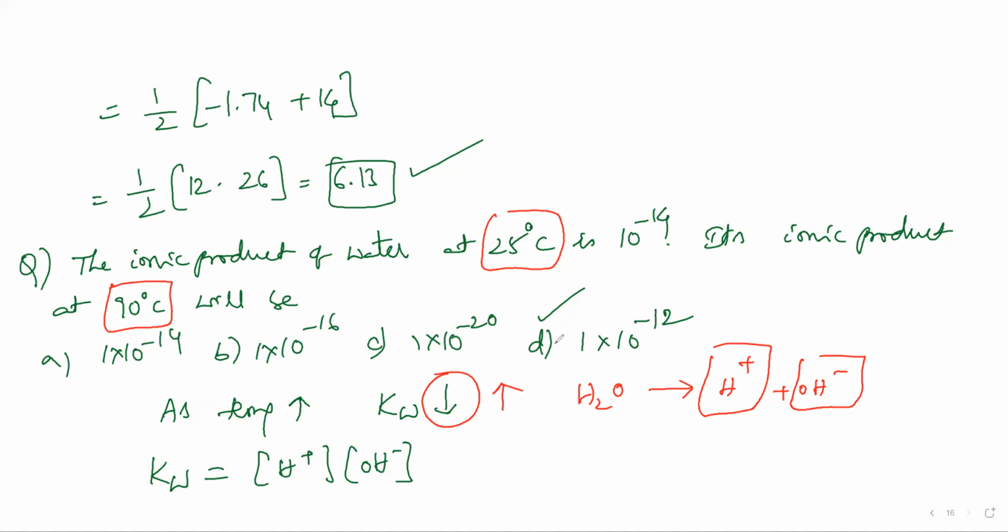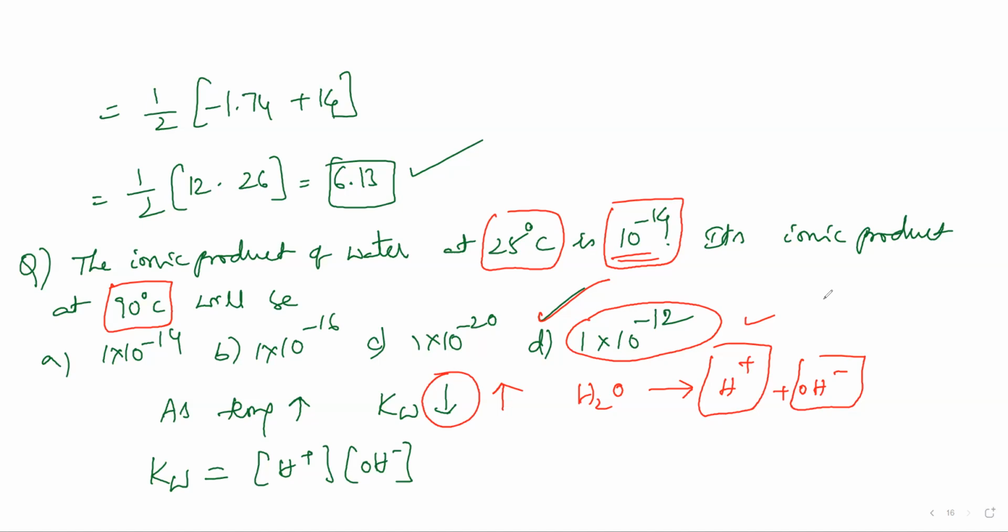So this is Kw value at lower temperature, and Kw value at higher temperature should be more than 10 power minus 14. So which is having more than 10 power minus 14? That is D, 1 into 10 power minus 12.